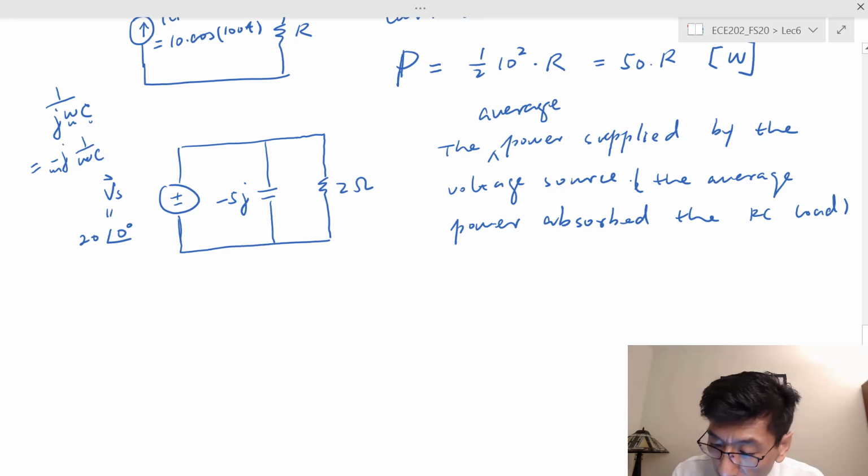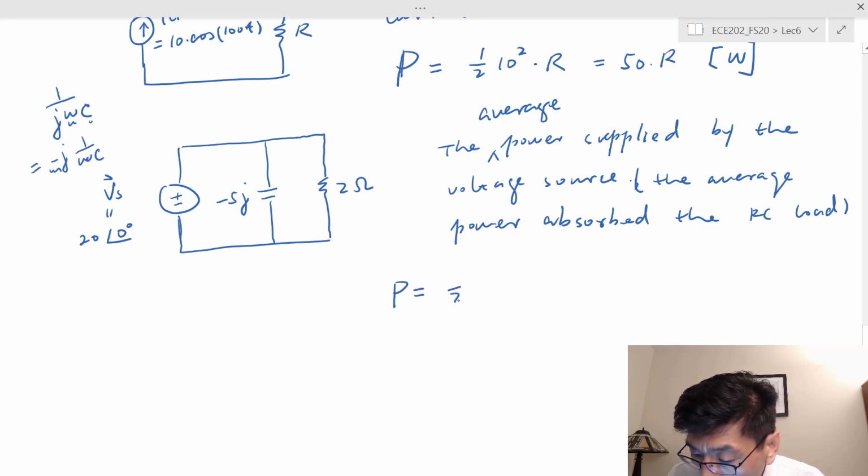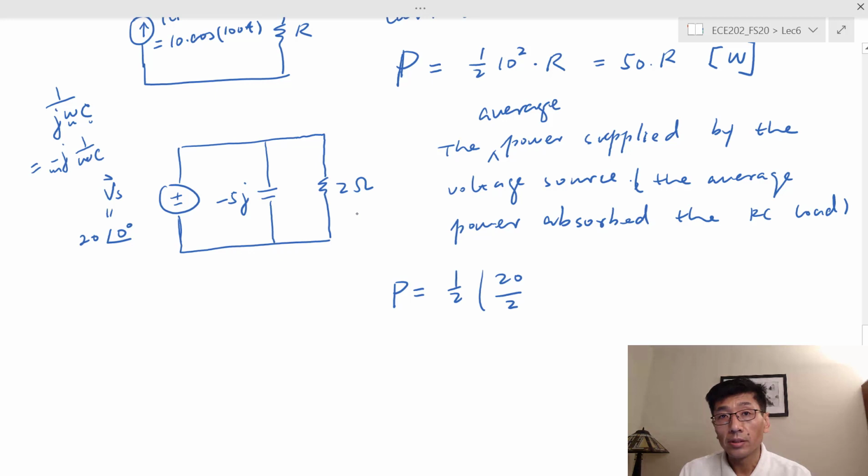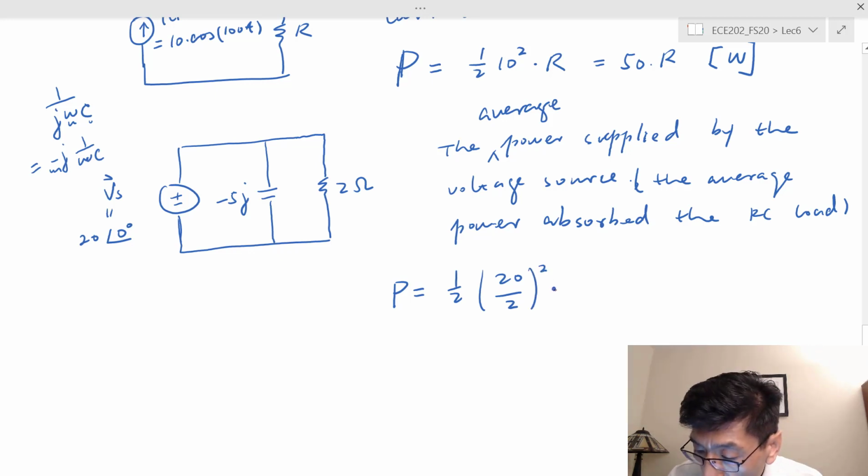Here we still use P equal to half I sub A squared times R, where I sub A is the voltage magnitude, 20, divided by the resistance. That gives the amplitude of the current, squared, times the resistance R, which is 2. So I get 100 watts.